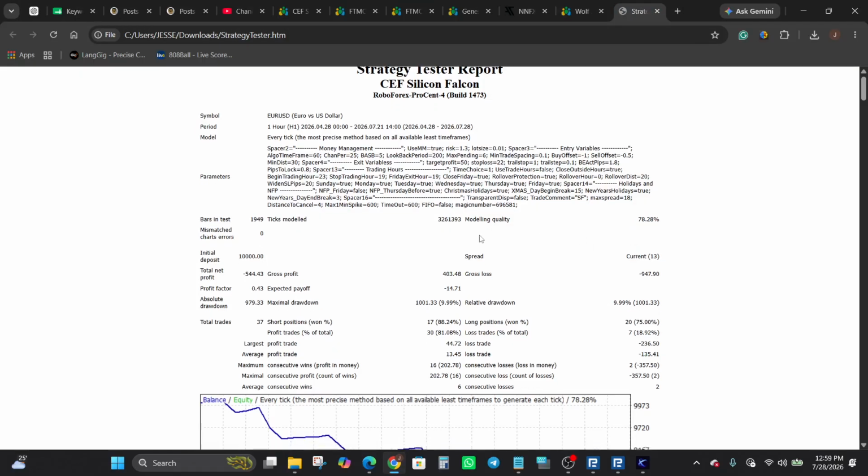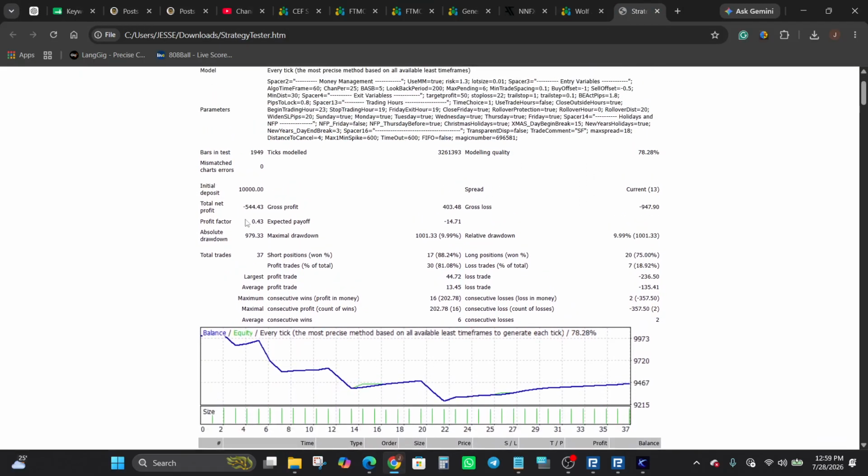The total net result for that period was a loss of $544. And here is where this gets genuinely worth walking through carefully. The gross profit was $403.48 against a gross loss of $947.9.